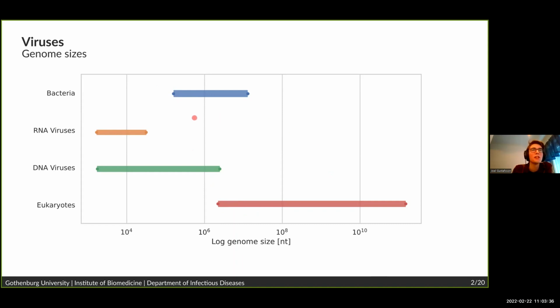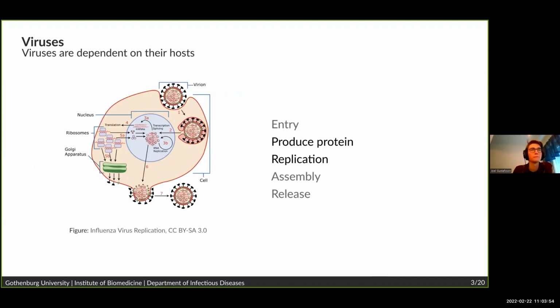But this short genome also means that a lot of their genomes are coding, which is not true for a lot of these eukaryotic genomes, where we have a lot of non-coding and other stuff that goes on in the genome that isn't necessarily produced into proteins. One of the key things about viruses is that they're completely dependent on their hosts for replication.